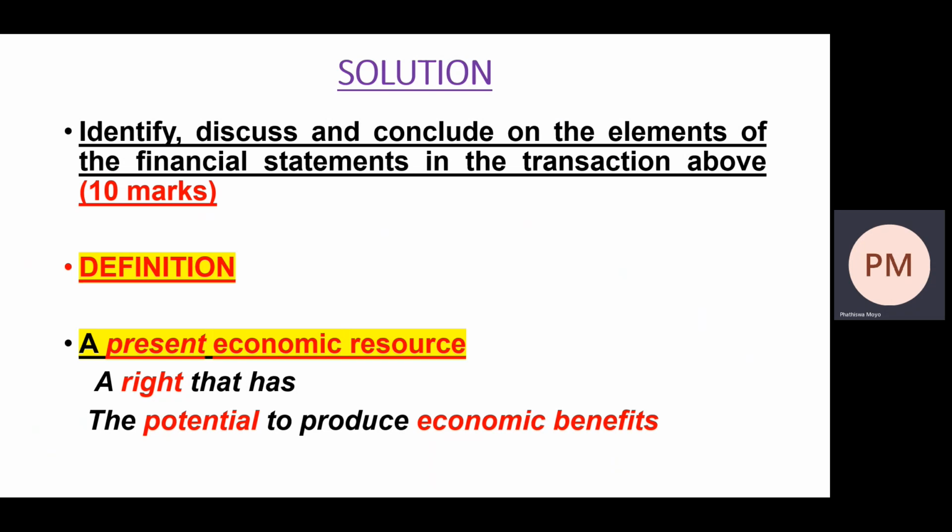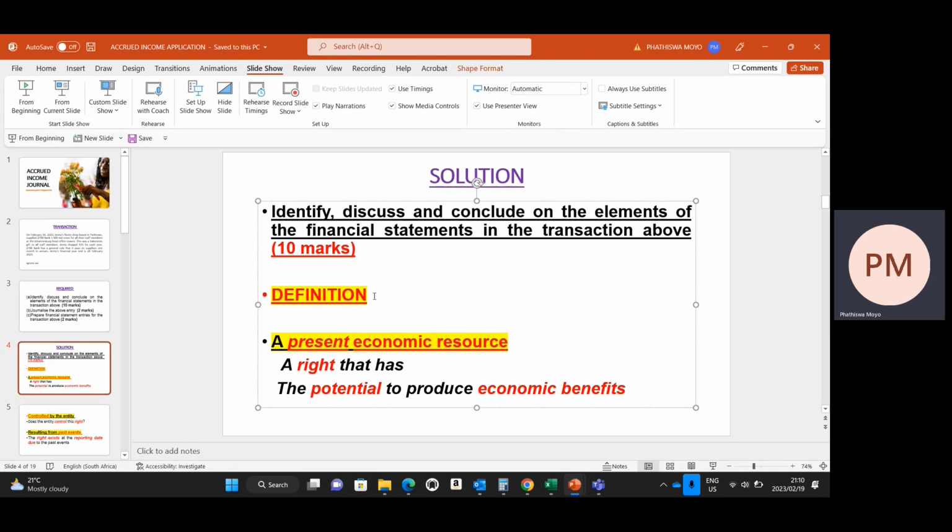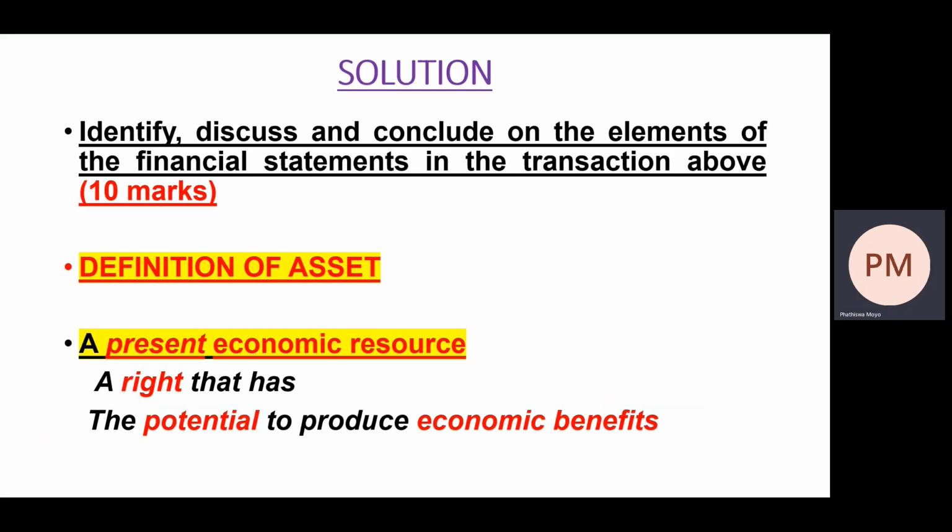Now, when you're identifying, you have to put the definition down. So what is an asset? It is a present economic resource. You must be clear in your test or exam, and you must write this down verbatim.